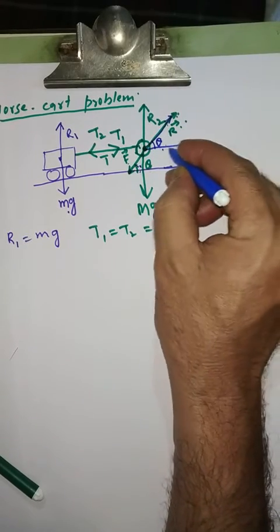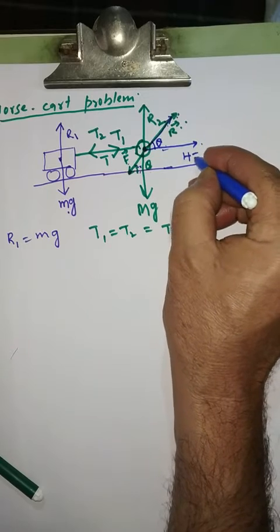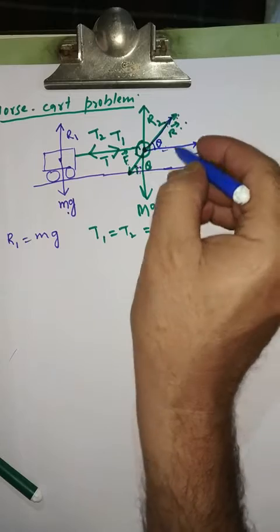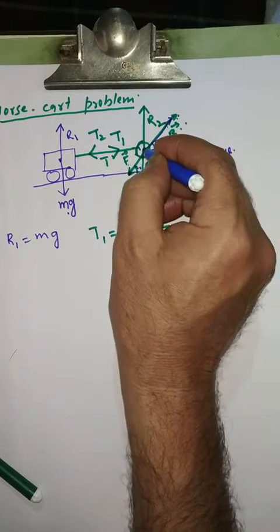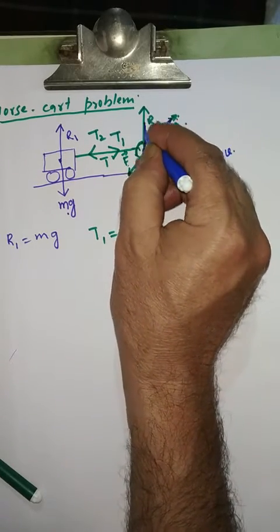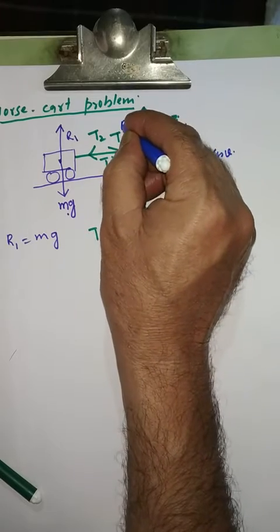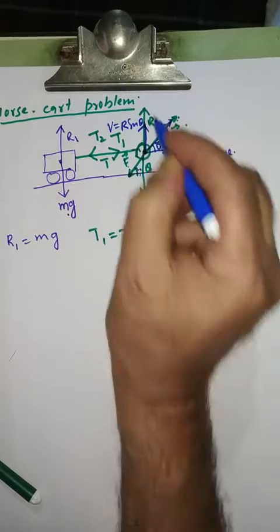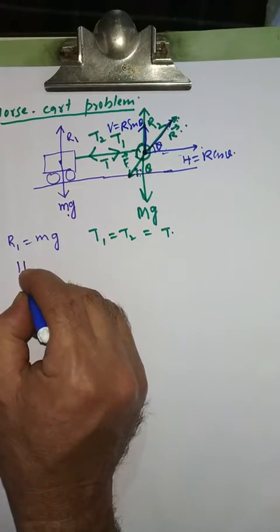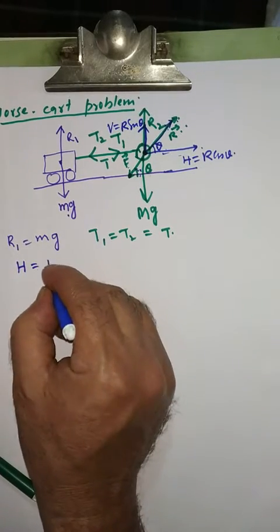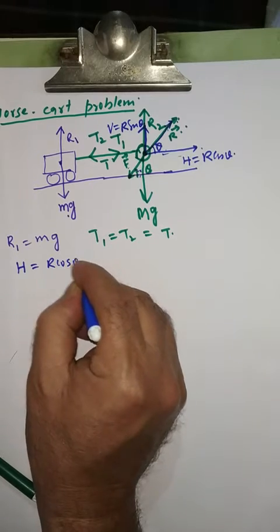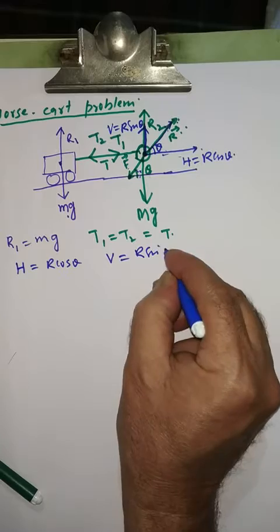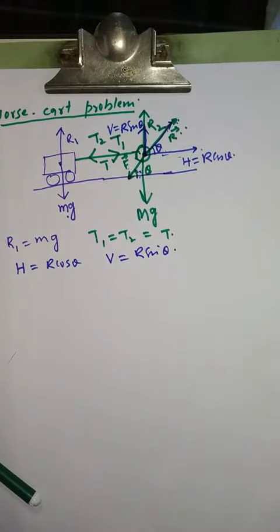So this component will be in this direction, that will be H equal to R cos theta, the horizontal component. And इसका जो vertical component होगा, it will be in the upward direction. Let us say that is V, equal to R sin theta. So we have two components: horizontal component H equal to R cos theta, and vertical component V equal to R sin theta. Clear?